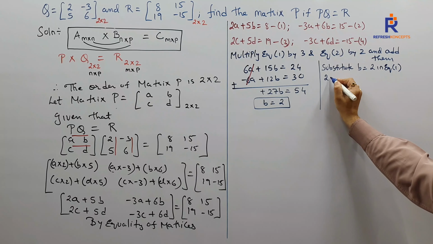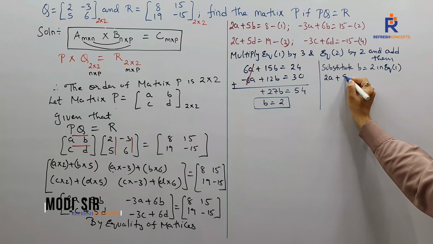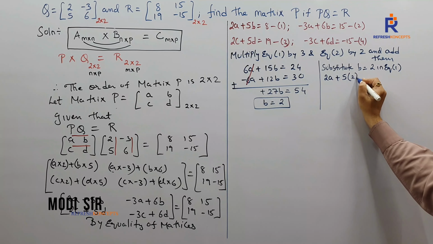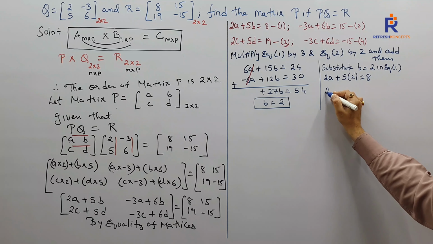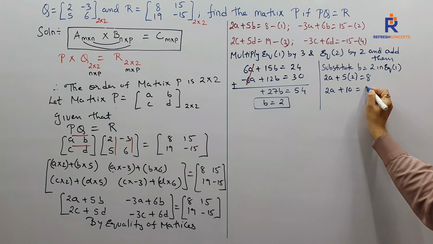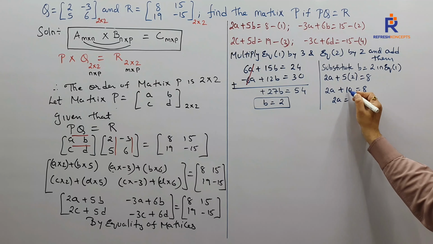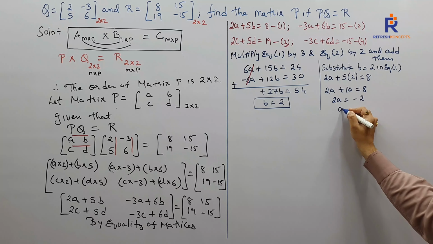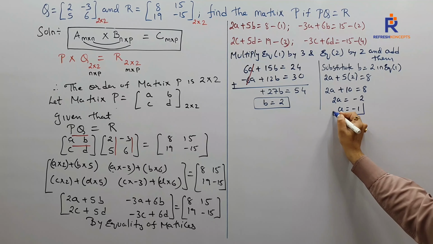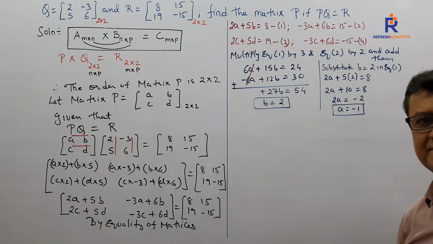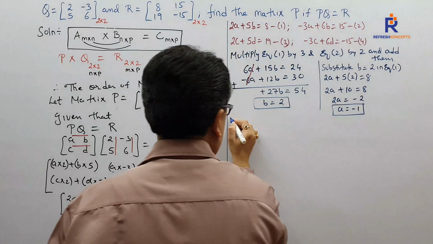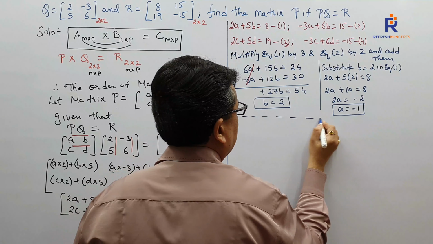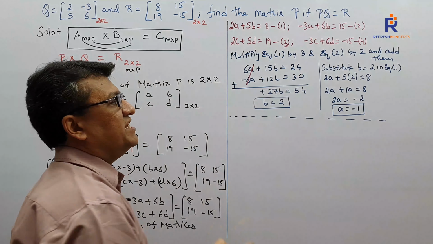So 2A plus 5B, instead of B I shall say 2, is equal to 8. 2A plus 10 is equal to 8. 2A, 10 goes there, becomes minus 10. 8 minus 10 is minus 2, which implies A is minus 1. So I got my values of A and B on solving equations 1 and 2.